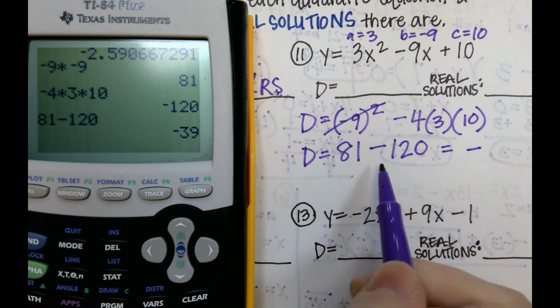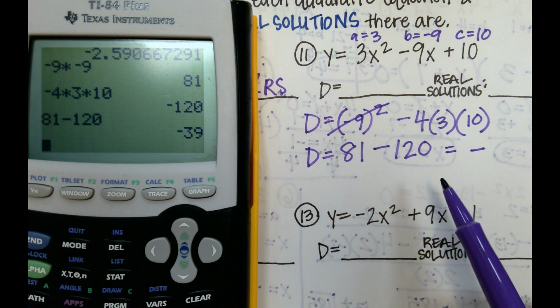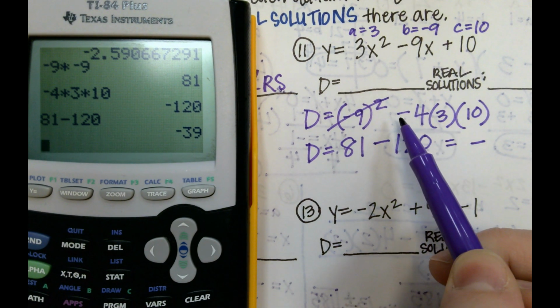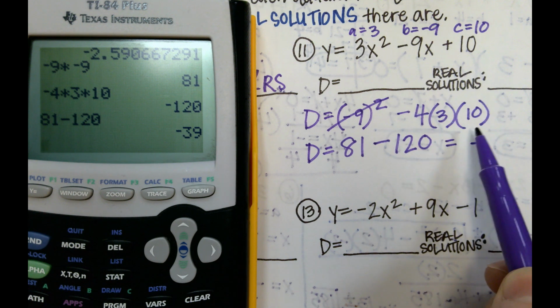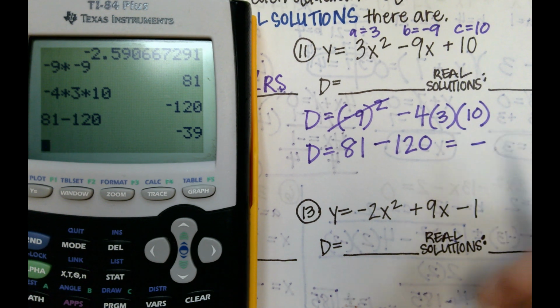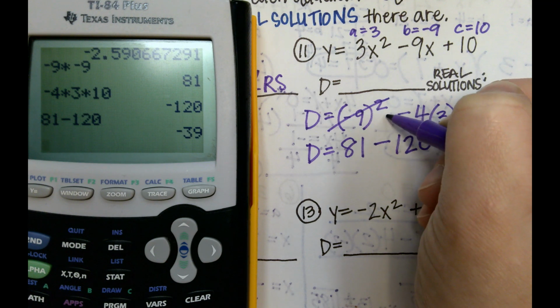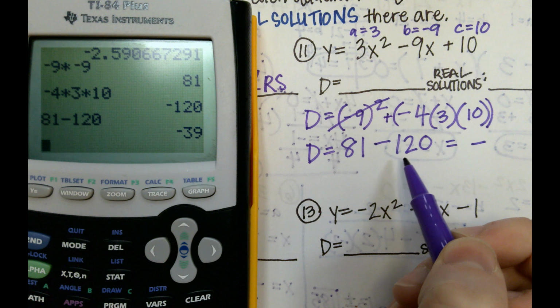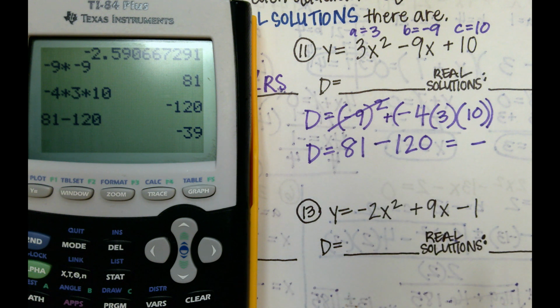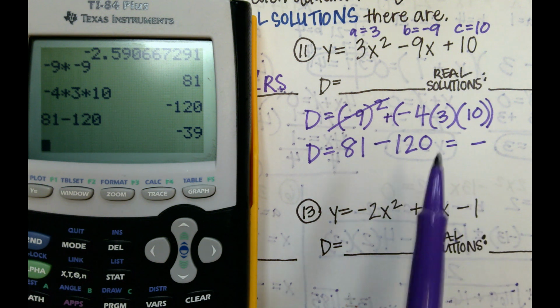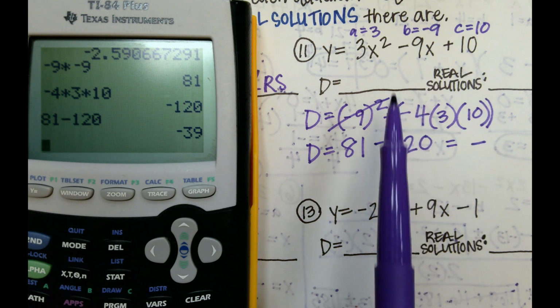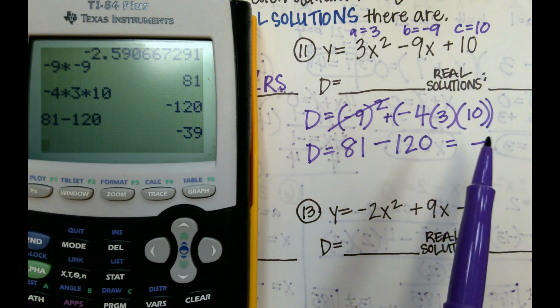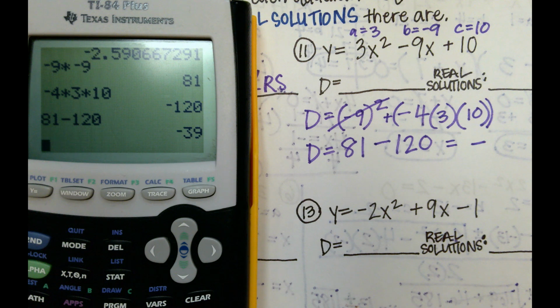No, it would be minus 120, because we have a negative 4 times positive 3 times positive 10. If you do it the other way, it would be plus negative 120, which is still minus 120. So you'll get a negative for that second half no matter what, since there's only one negative number and not another one to cancel it. So our discriminant is going to be negative 39.